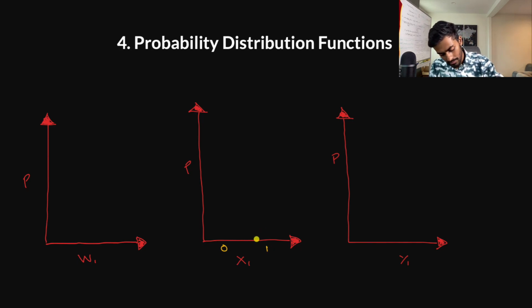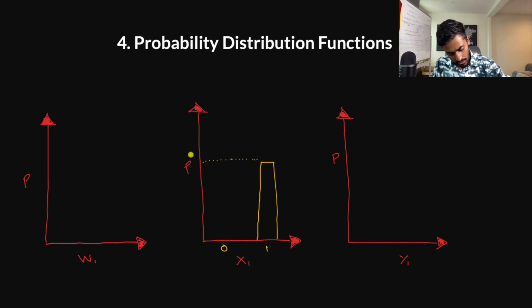So I'm going to put a slightly big bar around here, at 0.6. Whereas for those flights that have not departed on holidays, let's say it's over here, and this is 0.4.